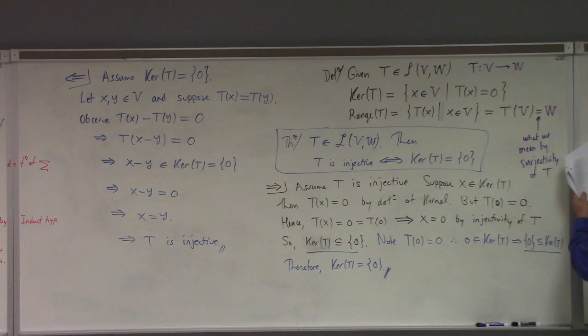Number one, if V naught is a subspace of V, then the image under T of V naught is a subspace of W. And also, number two, if W naught is a subspace of W, then the inverse image, T inverse of W naught, is a subspace of V. All right?